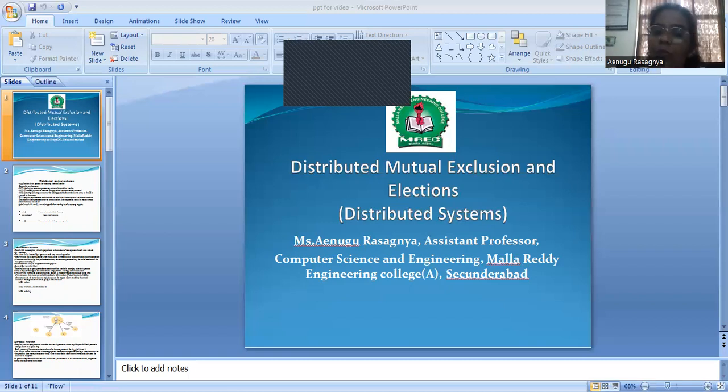And we have one more performance metric, which is response time. The response time will be calculated using a formula. Whenever a particular site or process wants to enter into the critical section, it will send a request.